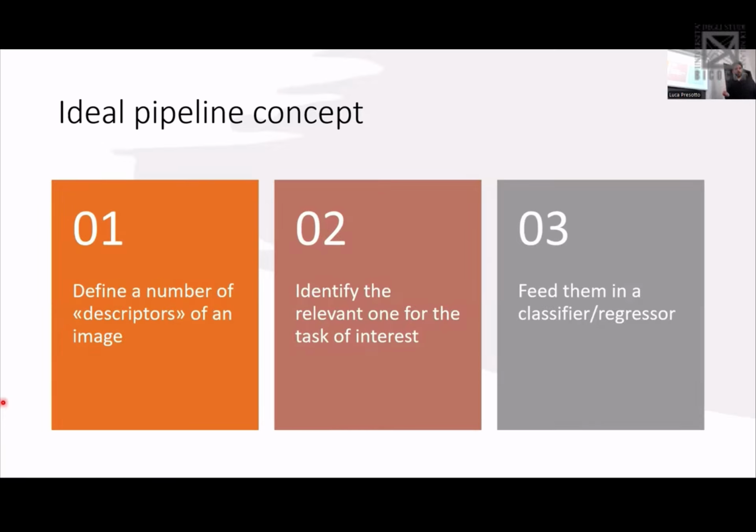The ideal concept is that you define a number of descriptors of an image, then identify the relevant ones for your task of interest, and finally fit them in a classifier if you want a categorical output, or a regressor if you want a numerical output.